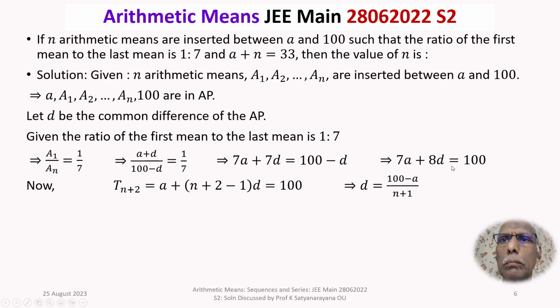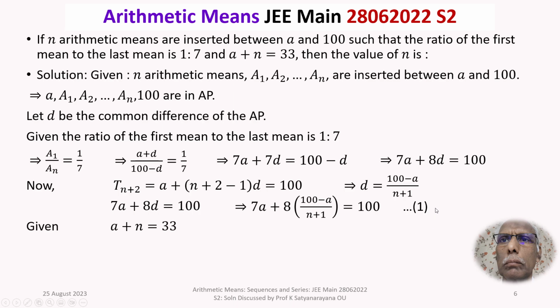Take this d, substitute back in the last equation, 7a plus 8d is equal to 100. So on substitution, you will get 7a plus 8 times 100 minus a by n plus 1 is equal to 100. Let's call this relation 1. We are given a plus n is equal to 33.